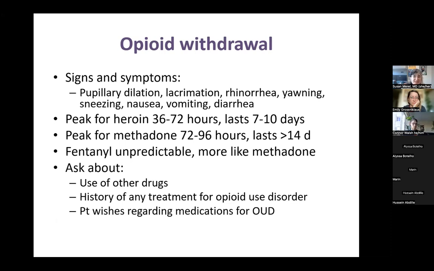Unfortunately, since fentanyl is most of what's out there these days, it's all a little bit unpredictable, but withdrawal in general may start after 48 hours or more and last a little while. You want to ask about what else they're using, whether they've taken methadone or Suboxone in the past, and what their wishes are, if they know right when they come in, about starting some medication-assisted therapy for opioid use disorder.